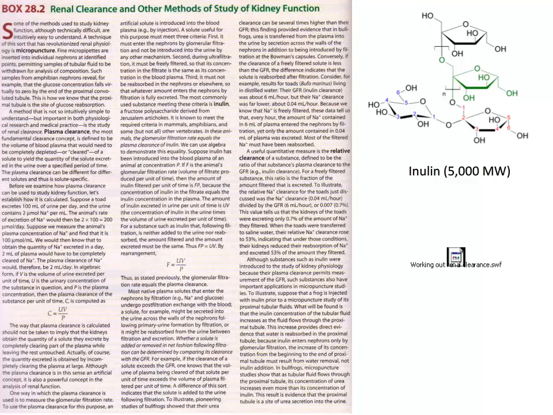If I know how much inulin I've injected, and I've worked out your approximate blood volume by looking at your size and all the rest, then I can look at how much inulin is excreted into the urine. I know a standard filtration rate should be this, and I can determine whether your filtration rate is equivalent to that or greater than that. If it's significantly greater than that, then I'm going to know that you've got some kidney damage going on.